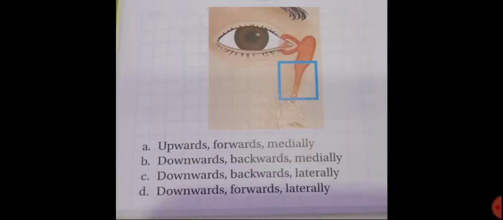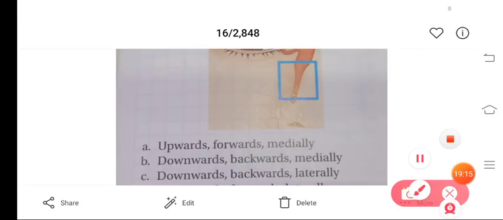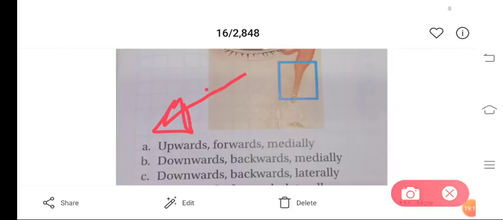So basically it's an easy one. What you need to remember is, many times you get confused, so just remember this diagram. The direction of the nasolacrimal duct is downward, backward and laterally.